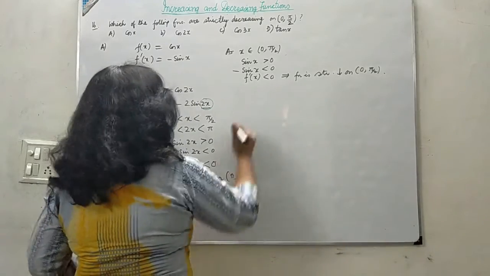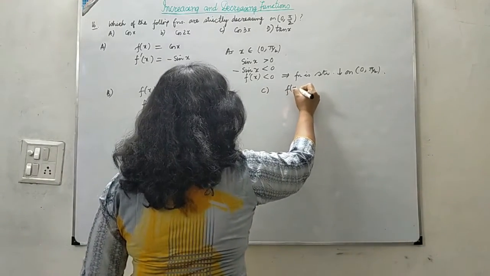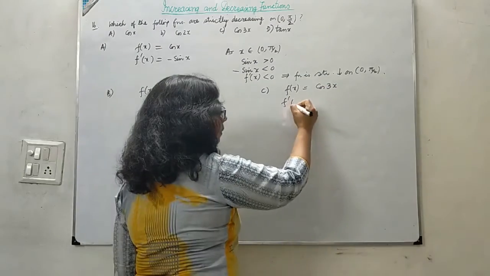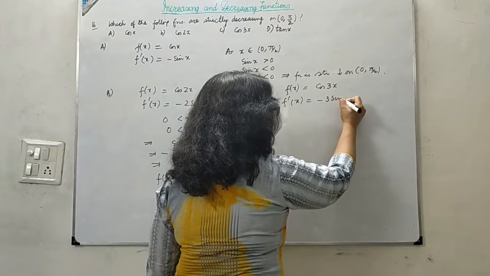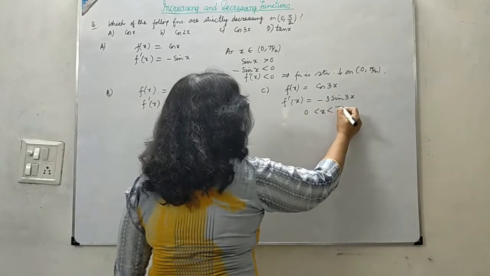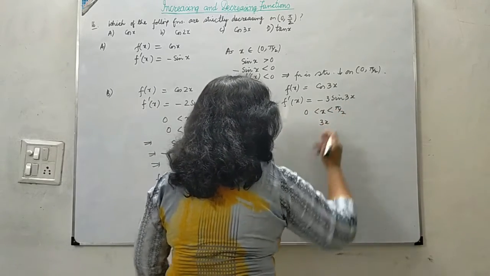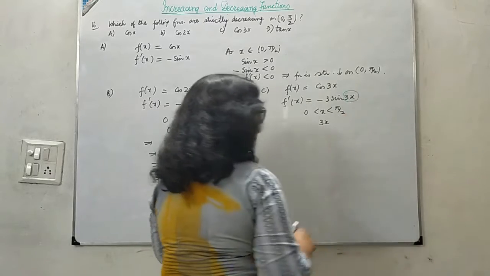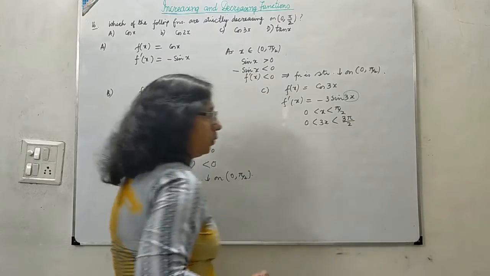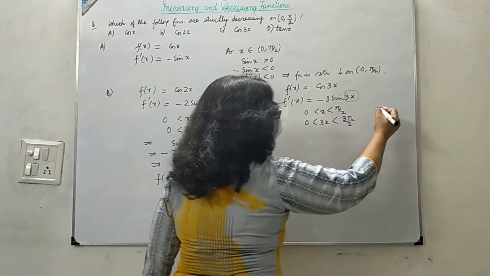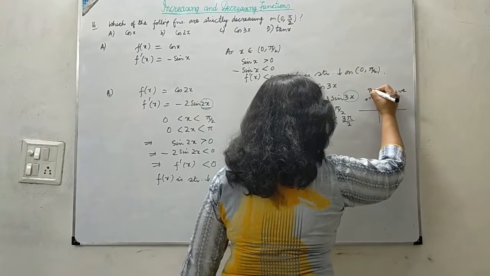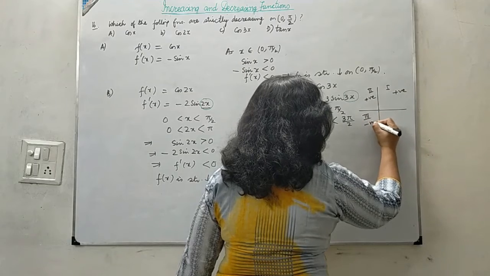Now moving to the third part, part C, we have the function cos 3x. Again taking the derivative, we have f dash x as minus 3 sin 3x. Now as x lies between 0 to pi by 2, the angle is 3x, and we have to check whether it is positive or negative in certain intervals. Sine is positive in the first and second quadrant, but in the third quadrant sine is negative.